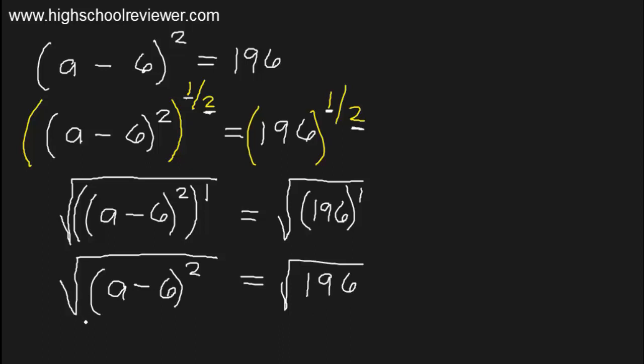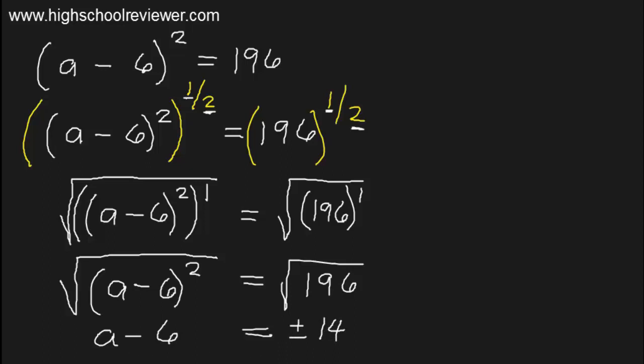But here, let's get the square root first. The square root of the quantity of a minus 6 raised to the power of 2 will be equal to a minus 6. And the square root of 196 will be plus minus 14.